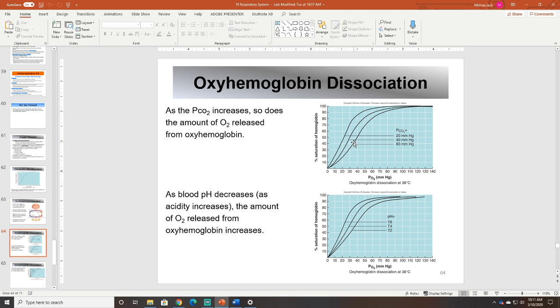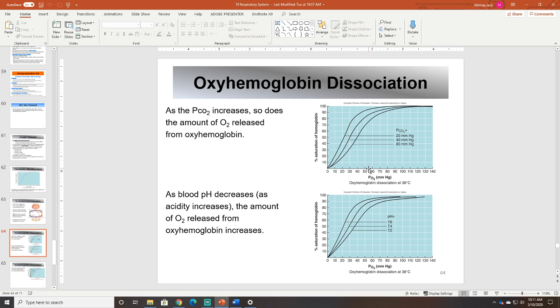Now we look over here, we jump from 40 to 80 millimeters mercury for CO2. At 80 millimeters mercury for CO2, let's go ahead and look at that same position, 75% oxygen binding. That's going to meet us right about here at 55 millimeters mercury for oxygen.